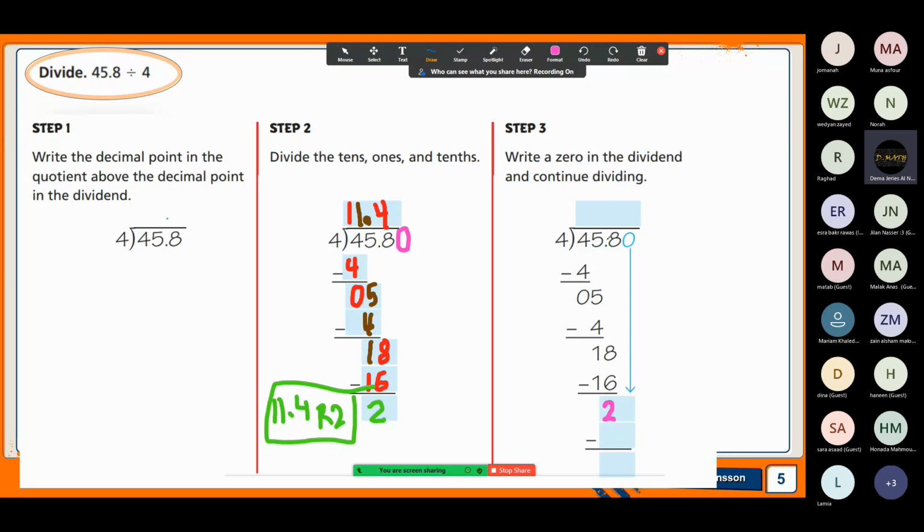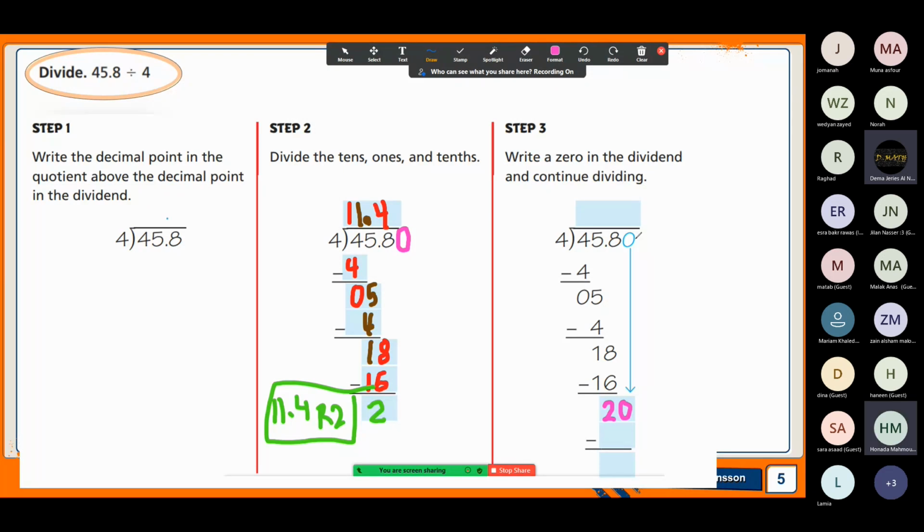So adding 0 only happens on decimals. I cannot add 0 anytime, only on decimals, because adding 0 to the right in decimals doesn't make any change.